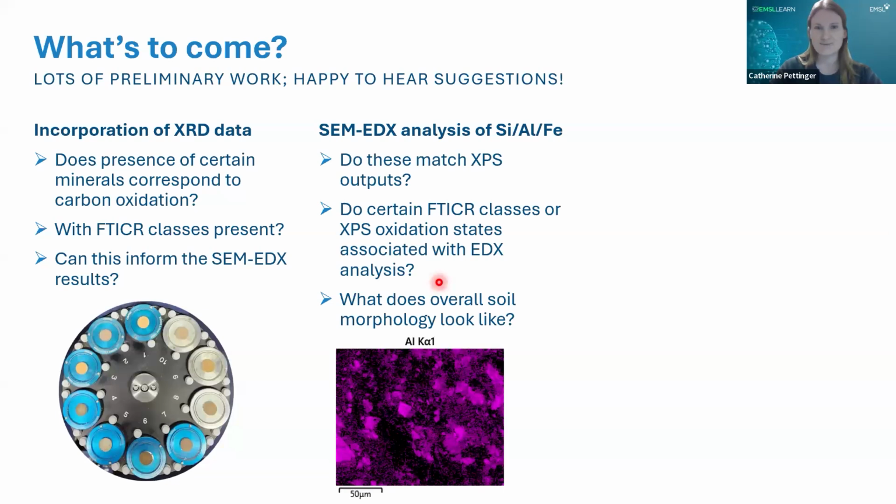Also, SEM and EDX. The SEM was really useful to look at the sample and make sure we had sample coverage for when we did the XPS run. This helped verify that we're truly getting the soil and not the filter paper. Then we can also do EDX analysis to match how the silica, aluminum, and iron ratios differ at the very tip of the surface versus the near surface.